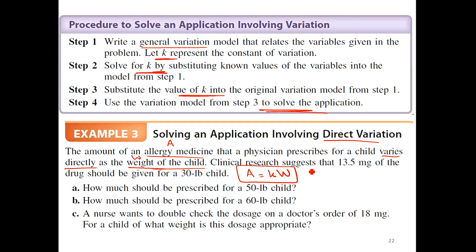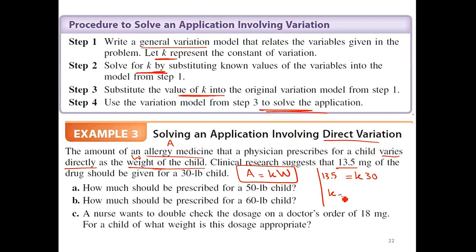Clinical research suggests that 13.5 milligrams of a drug should be given for a 30-pound child. So to find the K, the dose equals K multiplied by weight, where the weight is 30 and the dose is 13.5.